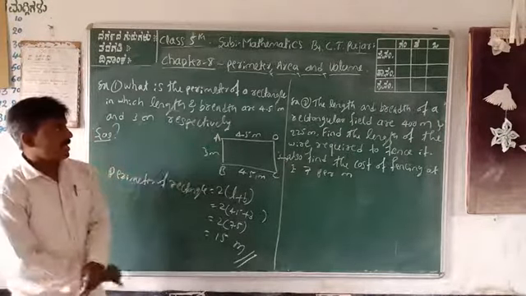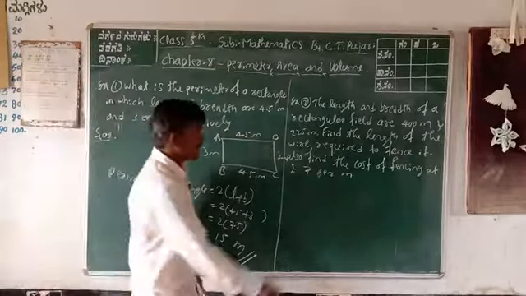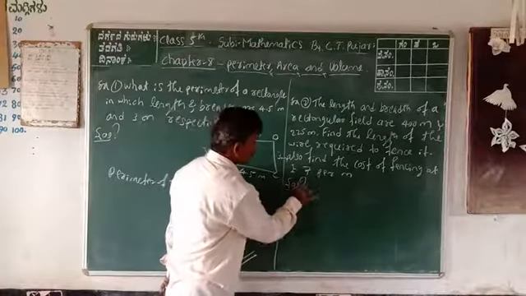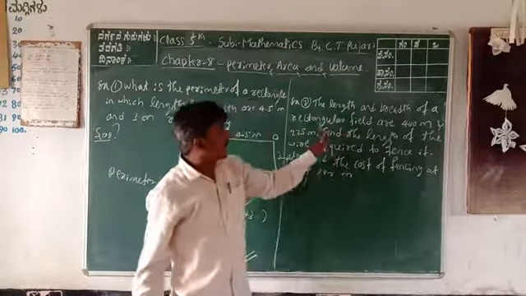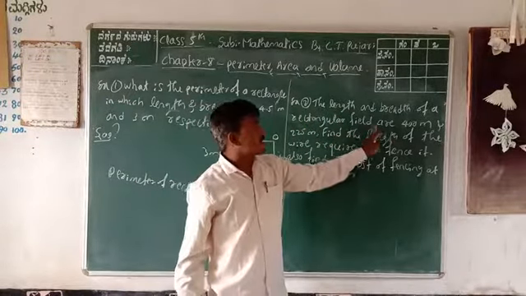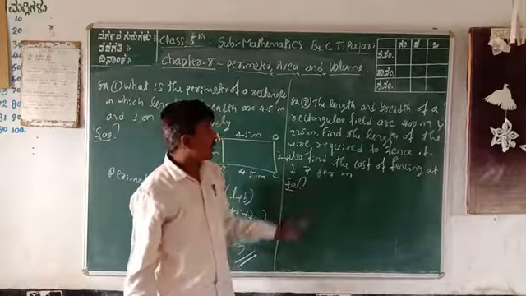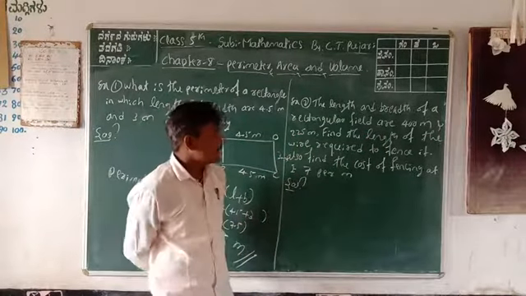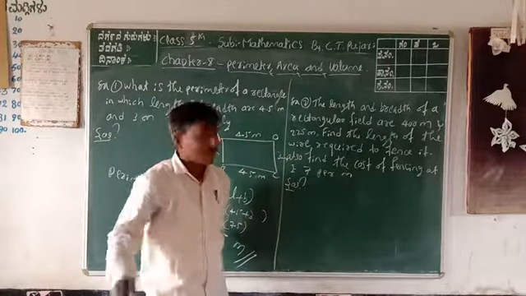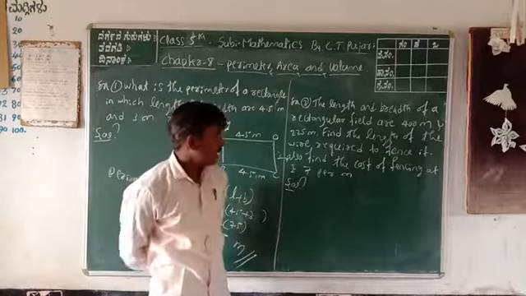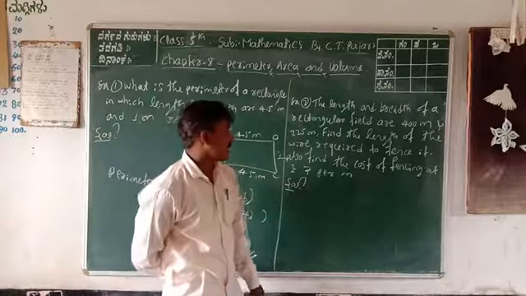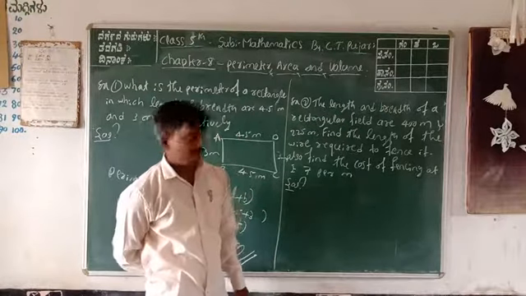Next question is also similar. The length and breadth of a rectangular field are 400 meter and 225 meter. Find the length of the wire required to fence the rectangular field and find the cost of the fencing at 7 rupees per meter.